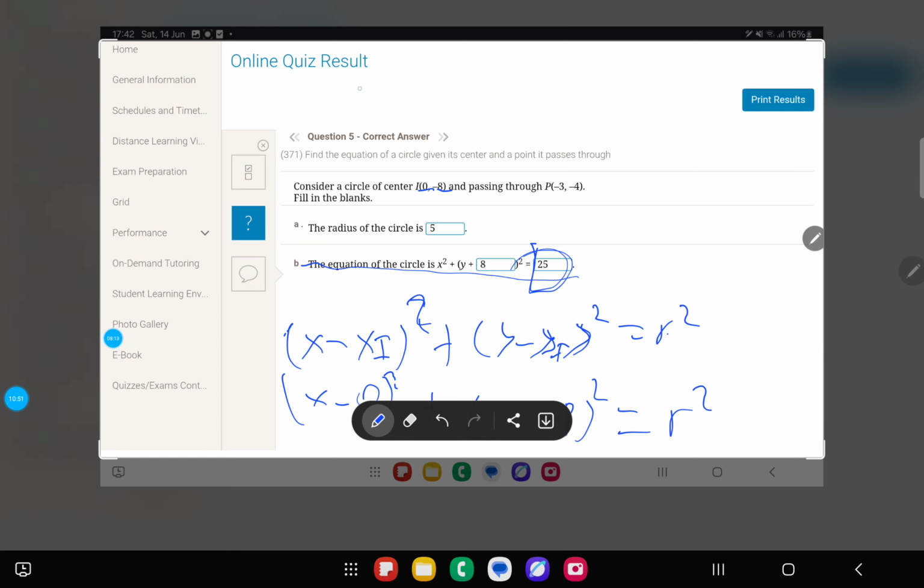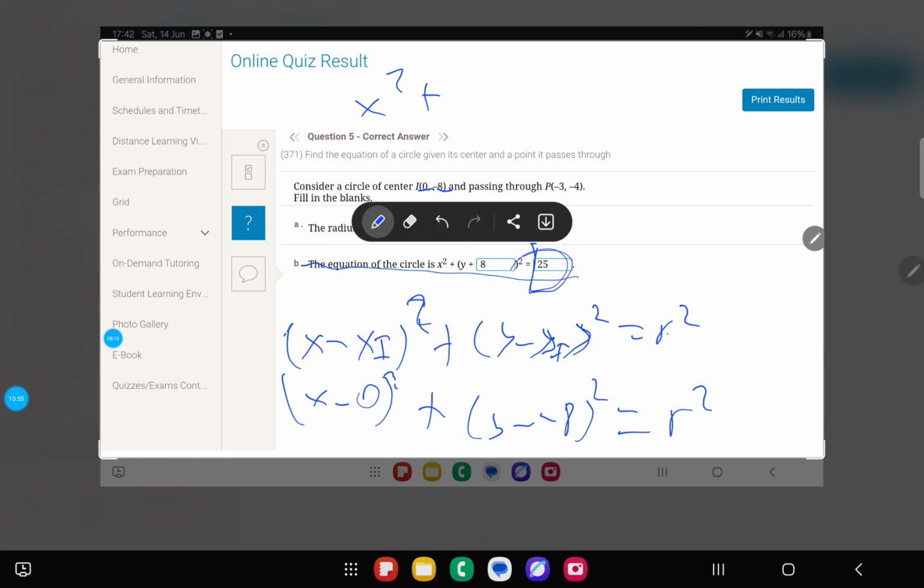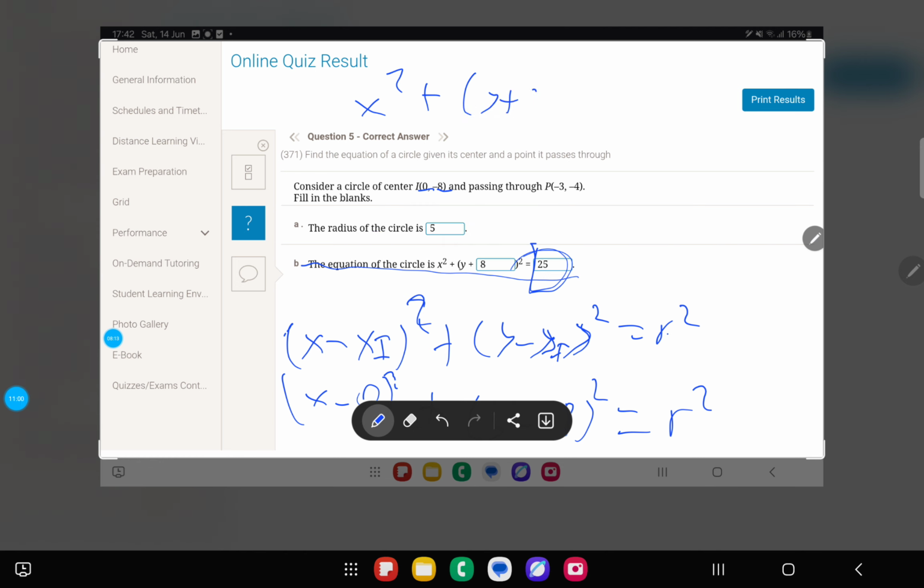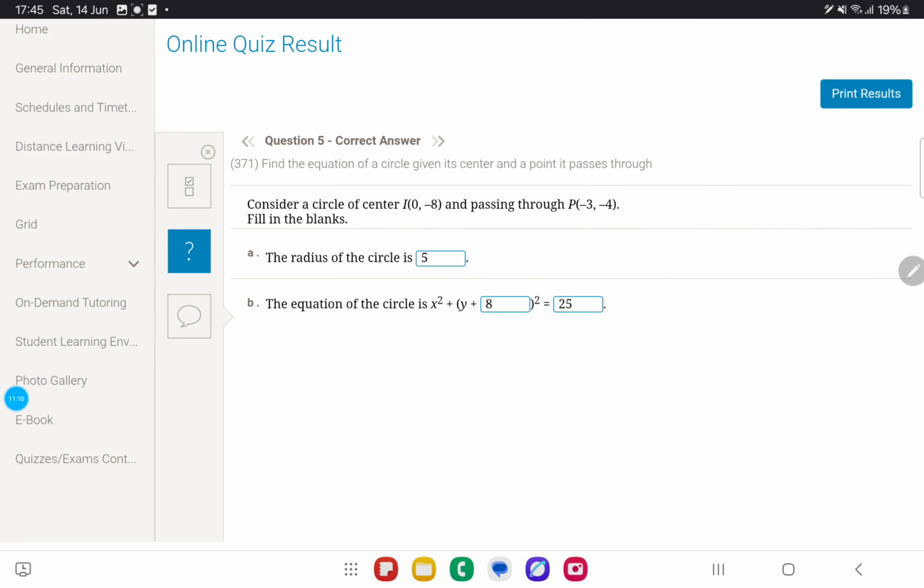So x minus 0 squared is just x squared, plus y minus negative 8 squared, which is y plus 8 squared, equals r squared, which is 25. That's exactly it. x squared plus y plus 8 squared equals 25. That's it.